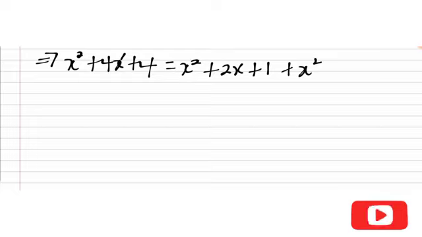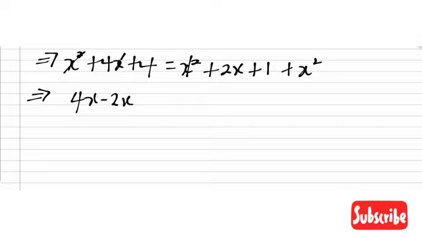From here we can see that we can cancel this, if one goes to meet another one. So this could be reduced to 4x, subtracting 2x from both sides, and subtracting 4 also from both sides, we are going to have 1 minus 4 plus x squared.